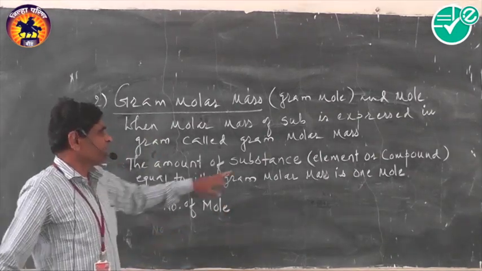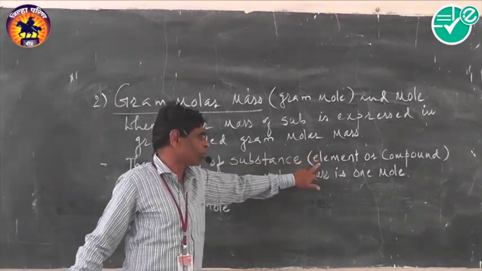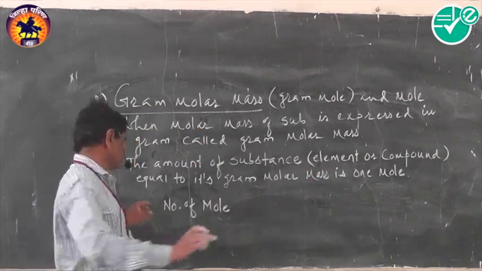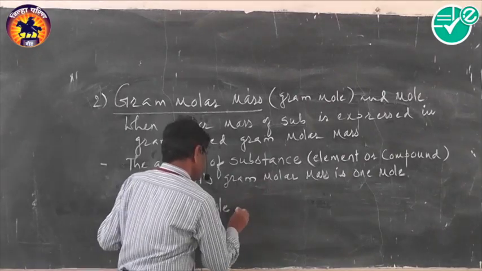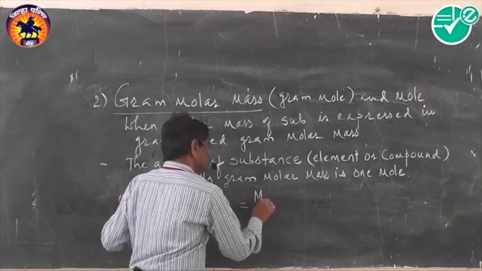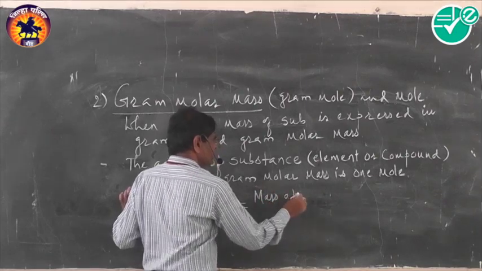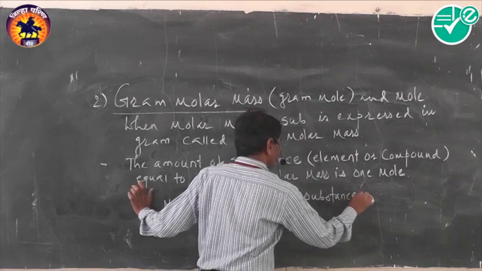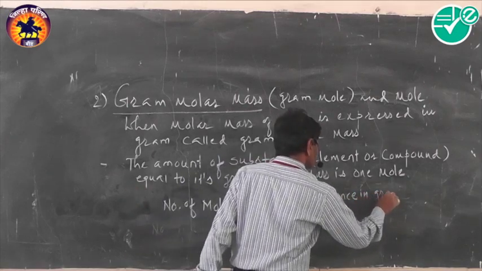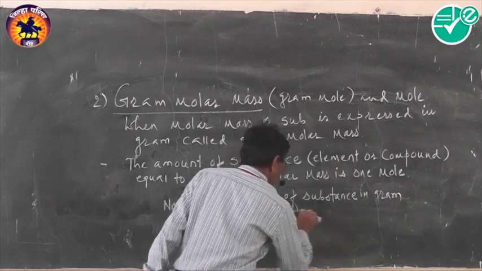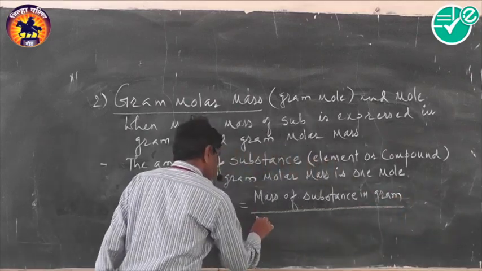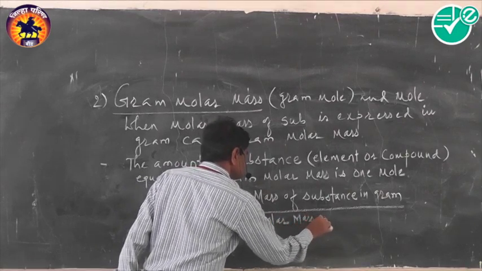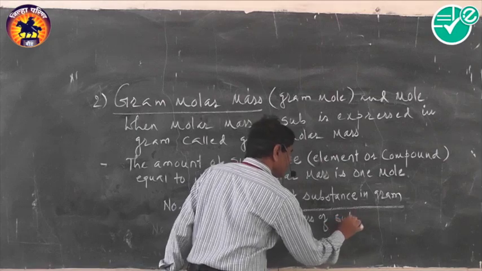Now this concept is applicable for an element as well as a compound which exists as a molecule, and thus the number of moles is equal to the mass of substance in gram divided by the molar mass of substance in gram.